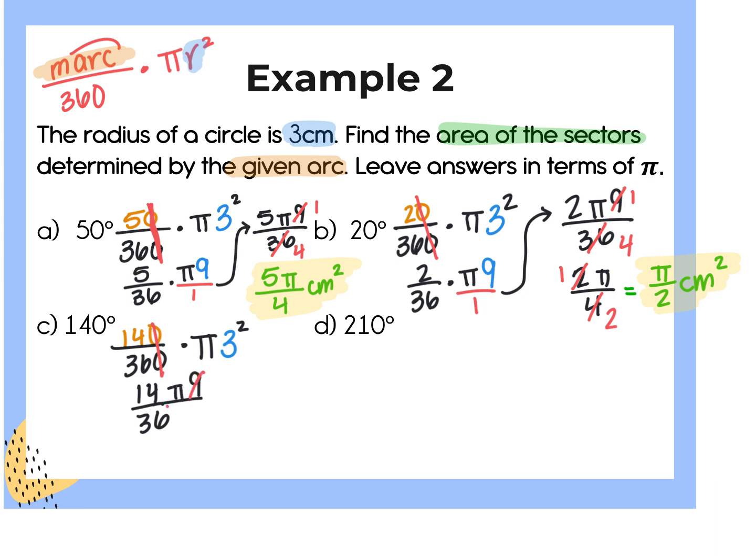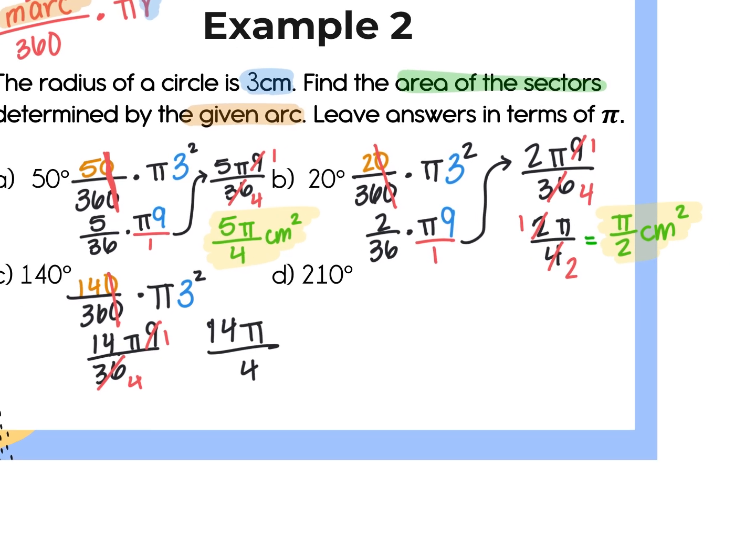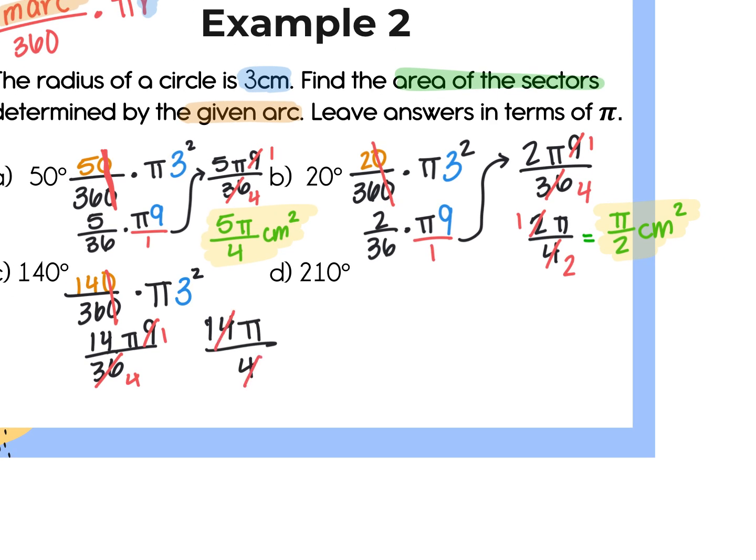You can simplify your 9 and your 36. You're going to get 14 pi over 4. And some of you stopped here, but just know they're both even numbers, so you could simplify this. 7 and 2, and your answer is going to be 7 pi over 2 centimeters squared. Okay, this is for C.